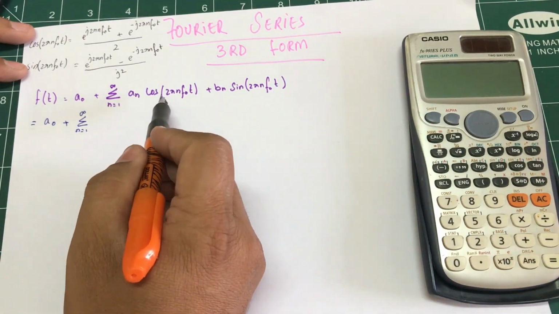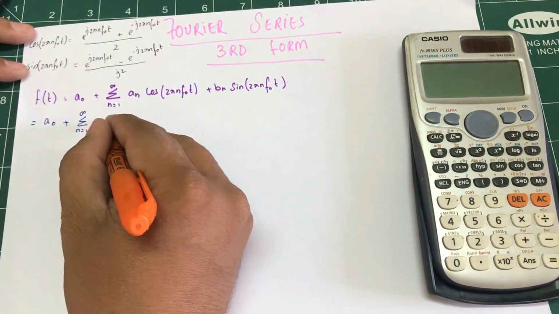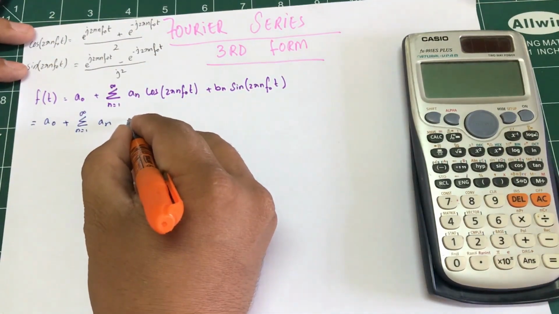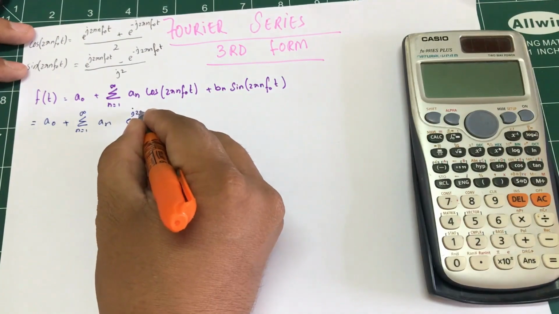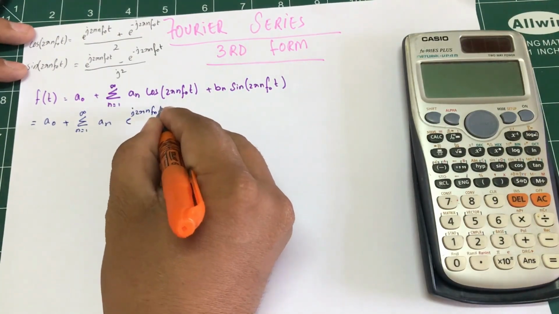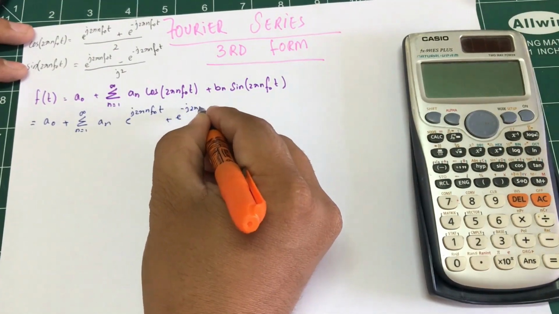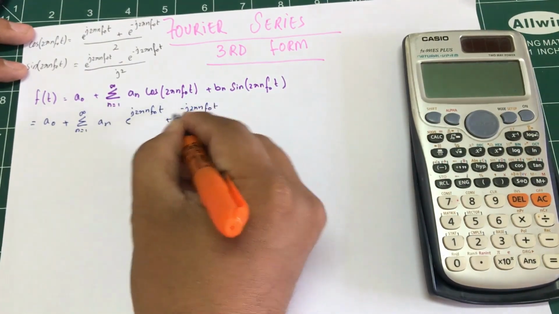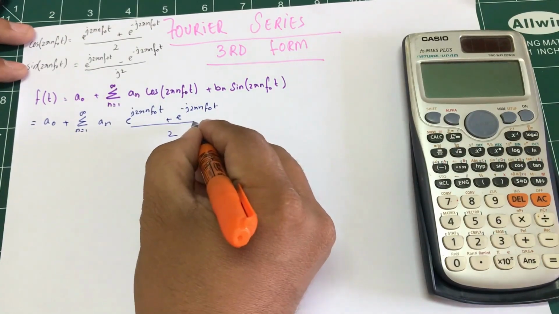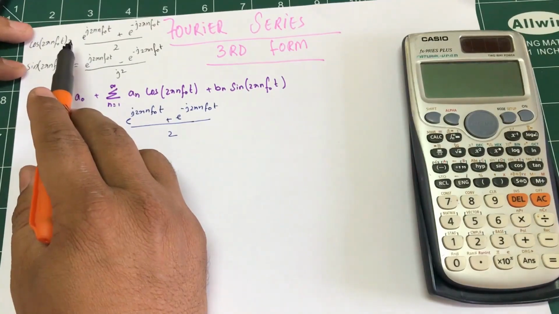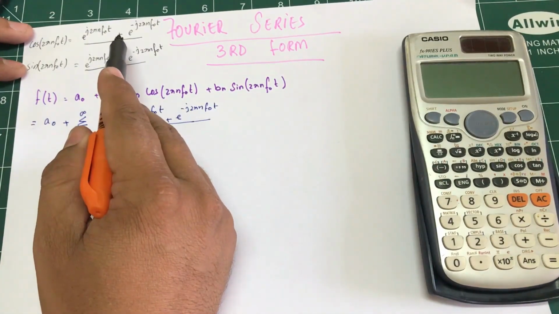Now, in place of cos, we're going to bring that an in, which is just a constant, as is, and bring that identity in. So this is going to be e to the j 2 pi n f0t plus e to the negative j 2 pi n f0t, divided by 2. I hope you guys can see this. So an is this, and at cos we're just plugging in Euler's identity.